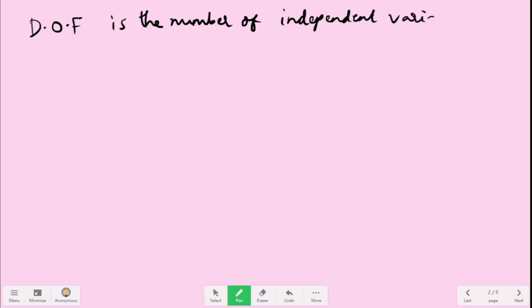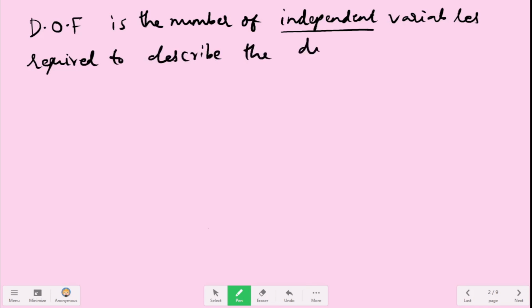First of all, let's define degree of freedom. Degree of freedom in classical mechanics is defined as the number of independent variables. This is very important, variables should be independent, required to describe the dynamics of the system.